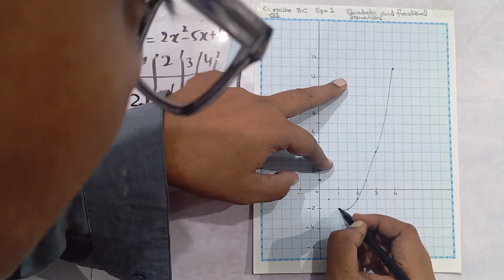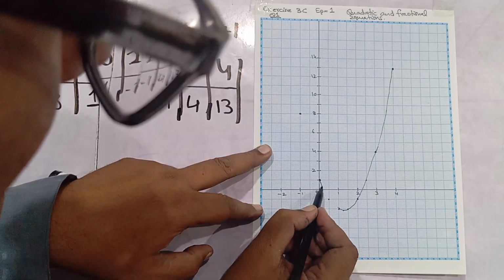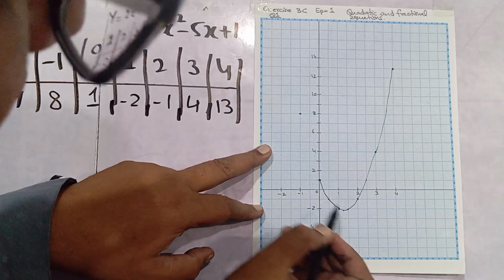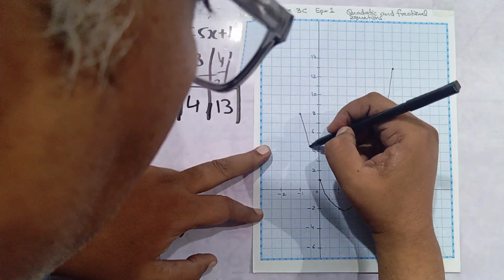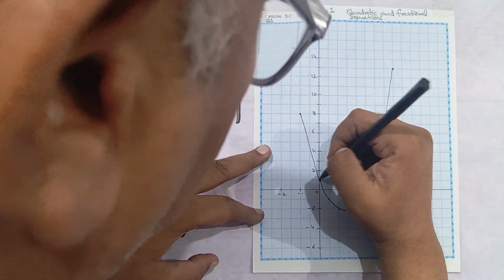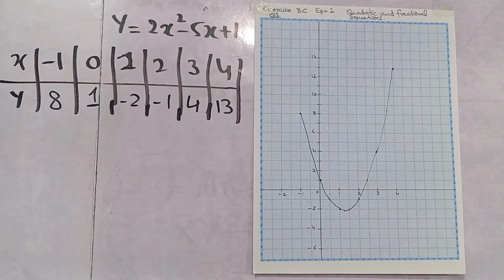From here it will return. So this is that shape, and we are going to join. This is the shape of the graph. I hope it's clear.